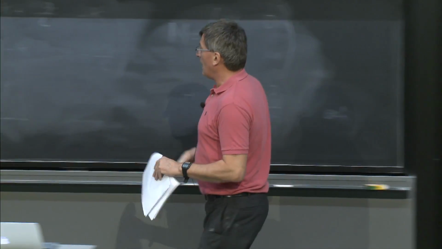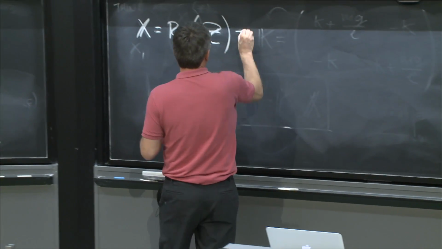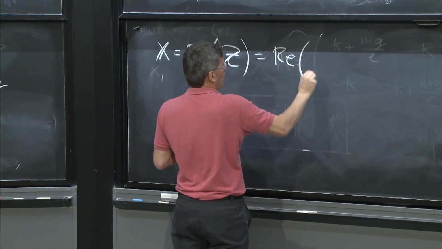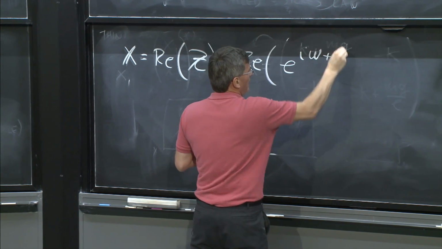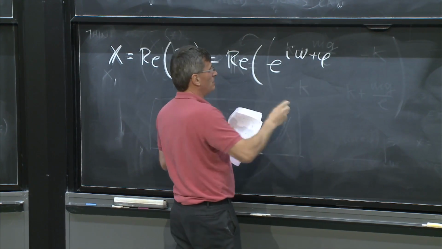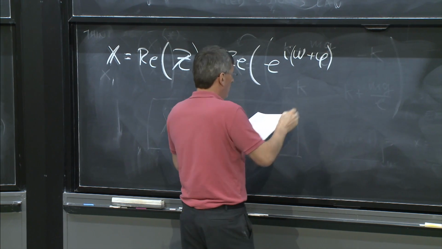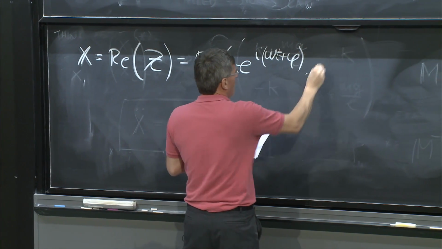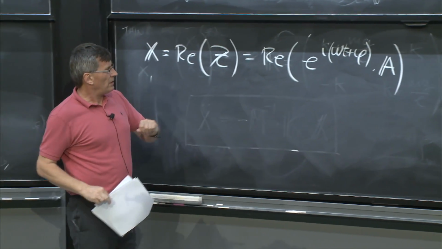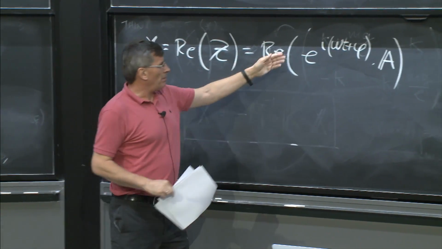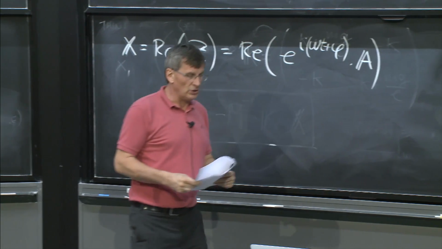And then I will use the amplitude. So this is the real part of e to the i(omega t plus phi), where omega is one of the two possibilities, times vector A, which we've identified here, and times some additional factor.